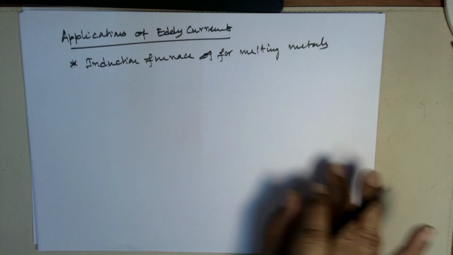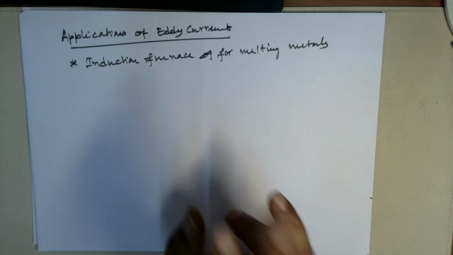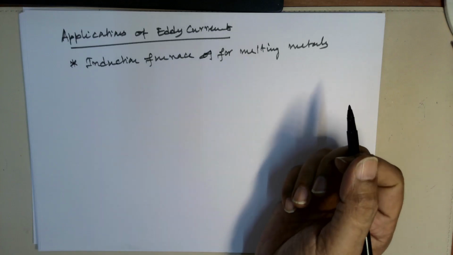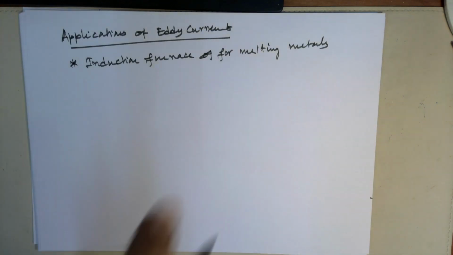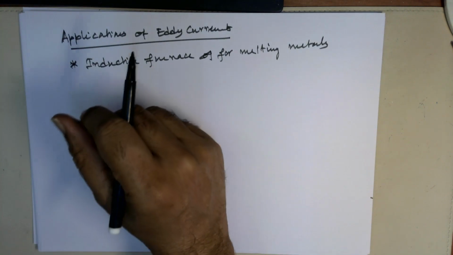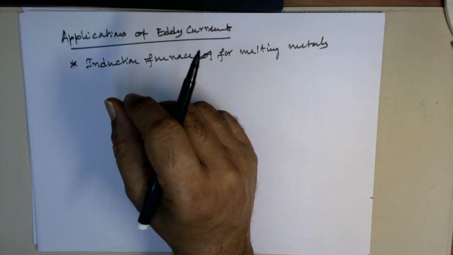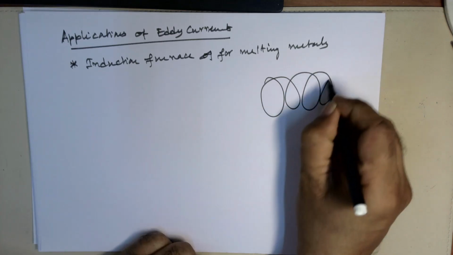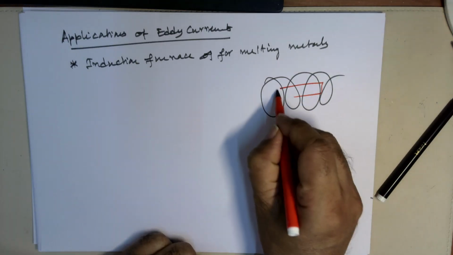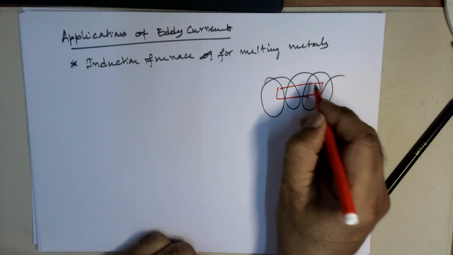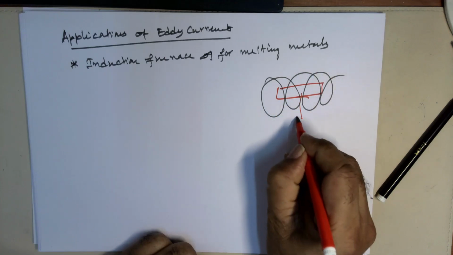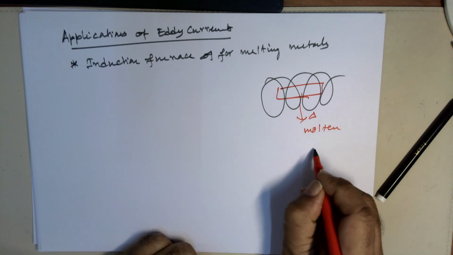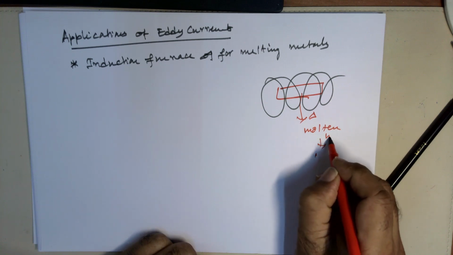For melting metal, you need to develop huge heat. So the metal specimen is placed in a rapidly varying magnetic field so that large eddy currents are set up, and a large amount of heat produced will definitely melt the metal. So in such a way we can construct and design an induction furnace. You've got the coil like this and now you can place the metal, and an enormous amount of heat is produced and that is molten, into liquid, molten metal, right?